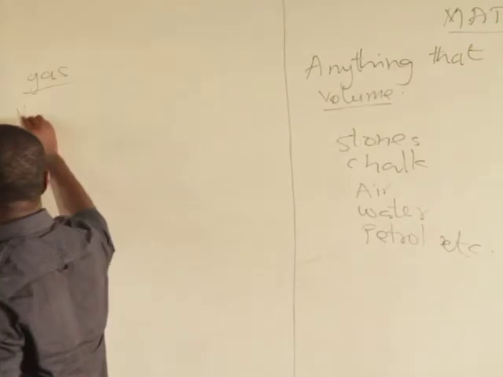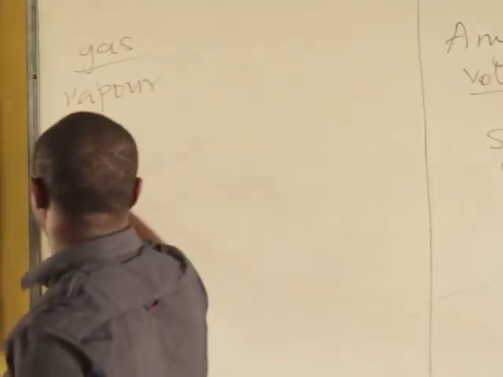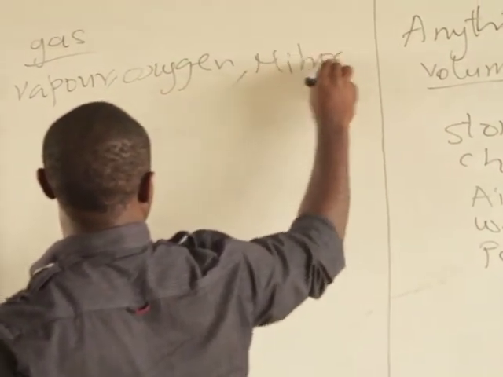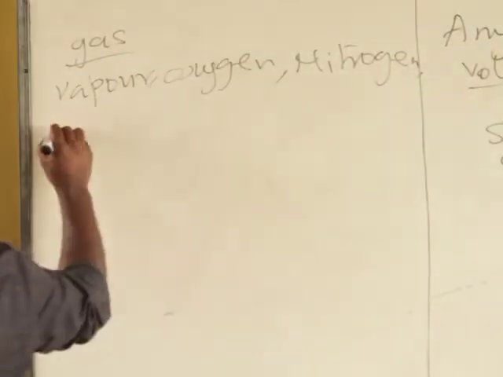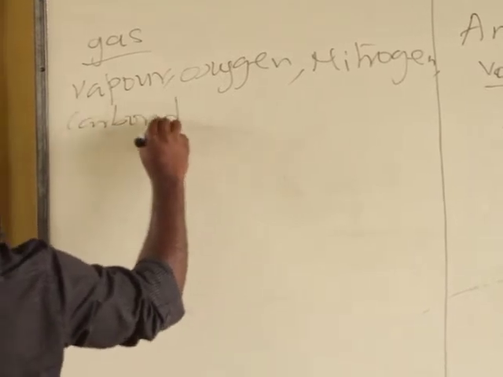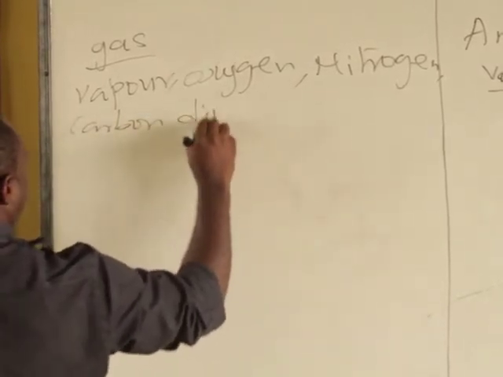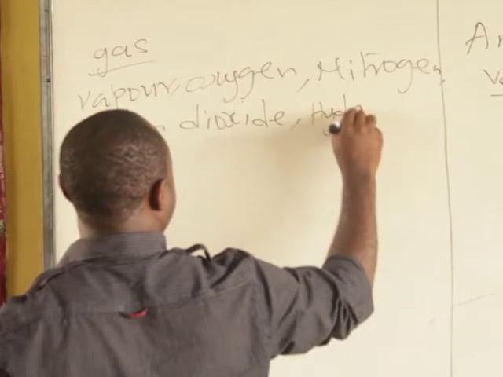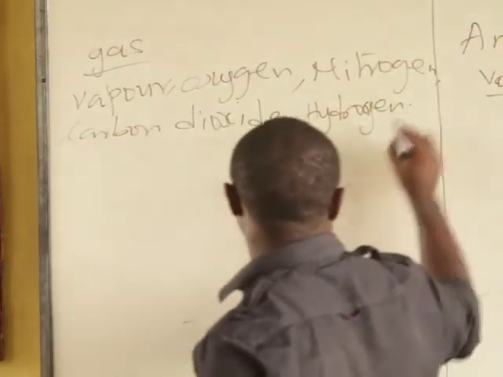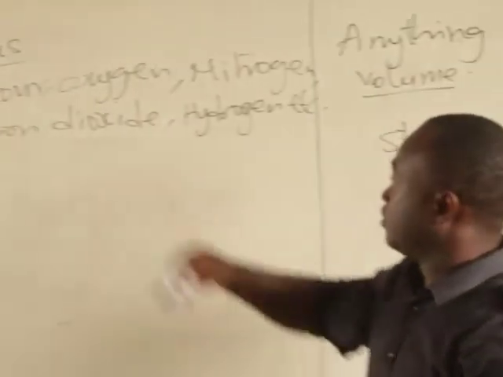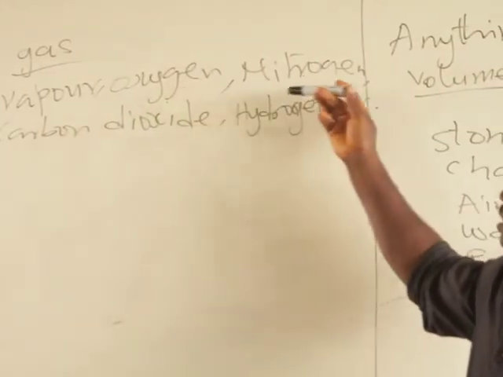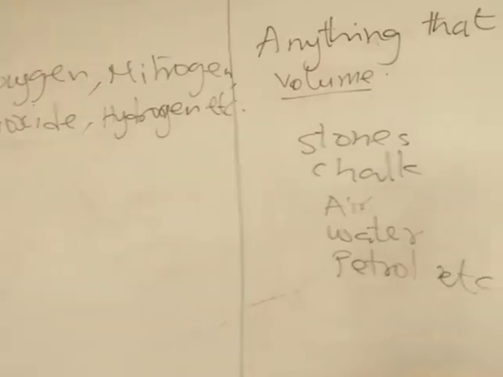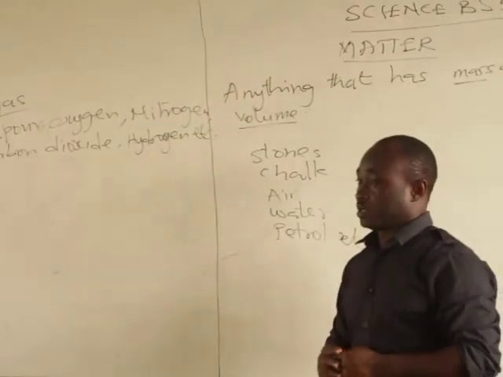We have vapor, oxygen, nitrogen, carbon dioxide, then hydrogen. These are some of the examples of gases.